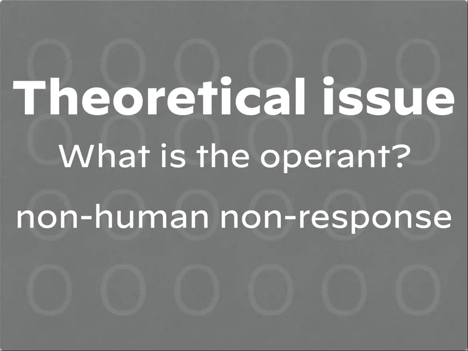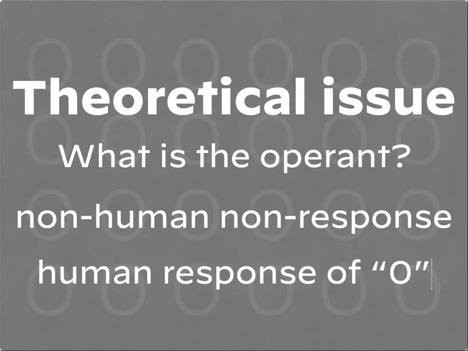What happened, though, as Michael alluded to earlier with that really nice timeline of how we've assessed demand, is that we moved to verbally asking human participants how much they would consume at free. So now we actually can get a response from a human that says 0. And so this becomes a theoretical issue of what is a human response of 0?